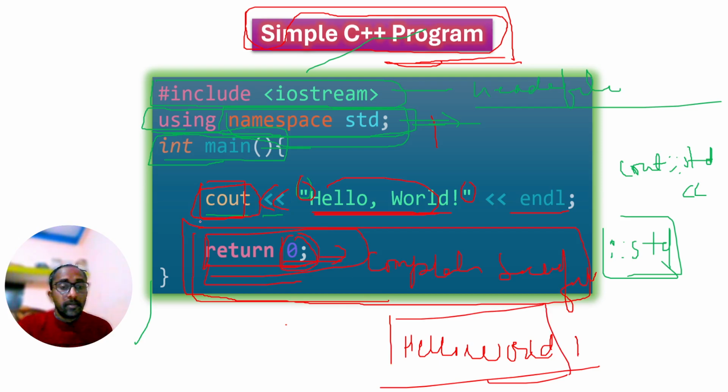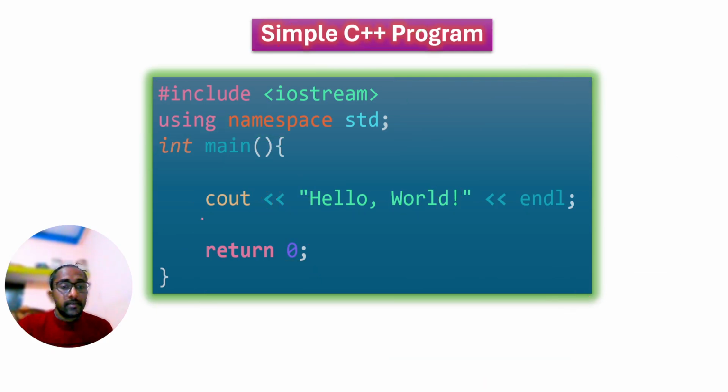Brackets open and close, and after the statement we use the semicolon, which ends and terminates the statement. cout is the standard output object, and hello world is the statement. endl also with the insertion operator gives a new line, and return 0 means successful compilation. These are simple C++ programming code.